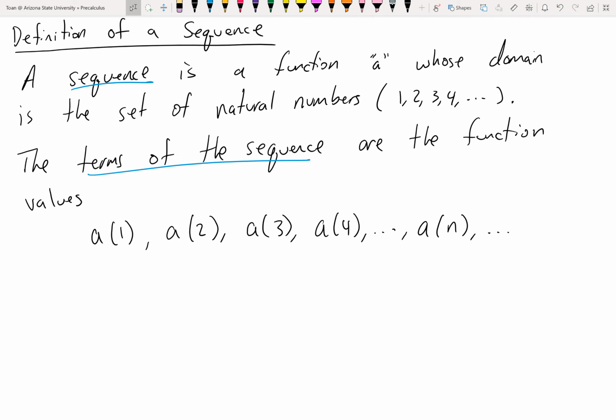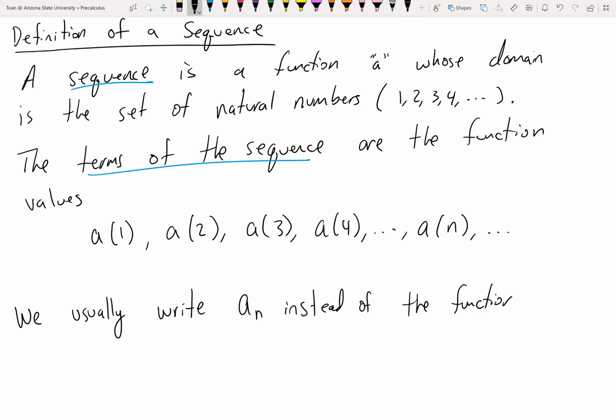However, this is function notation, and technically a sequence is a function whose domain is the natural numbers, but because it's sort of its own special branch of mathematics, mathematicians just give it a separate notation. So the idea is that we usually write a sub n instead of the function notation a of n, right?